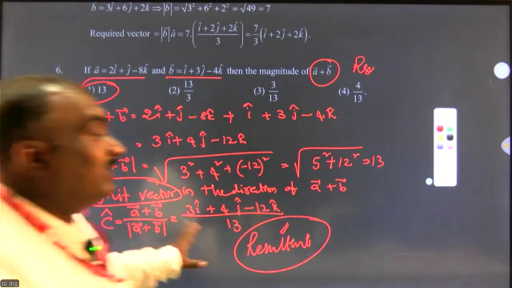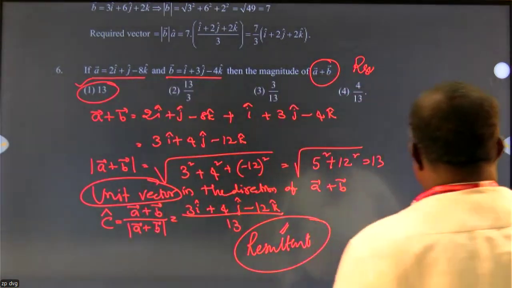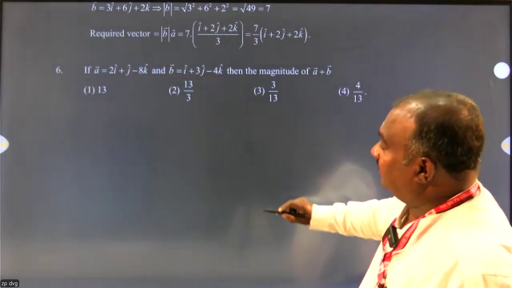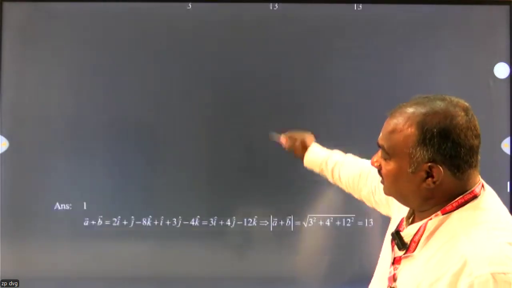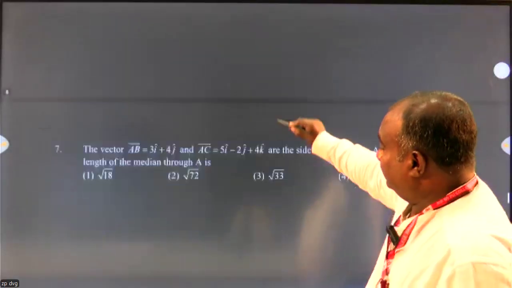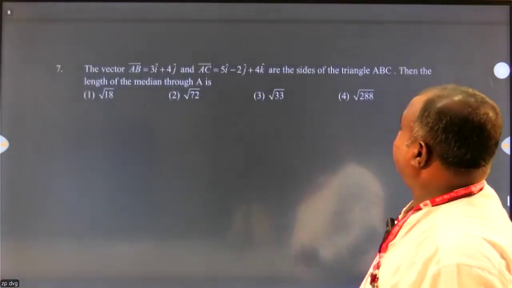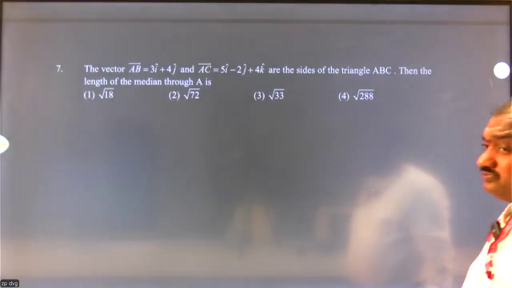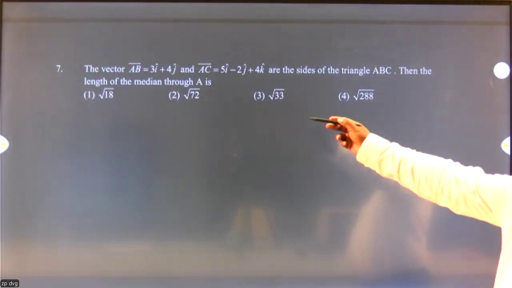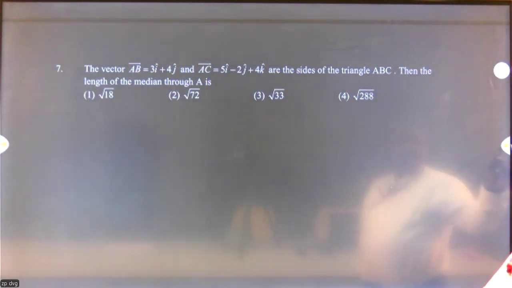Very simple, but reading is very, very important. Many people don't read the question first. They hurry to solve the problem and definitely make mistakes. And remember, this type of question has been repeated recently, so many times. This is a repeated question.